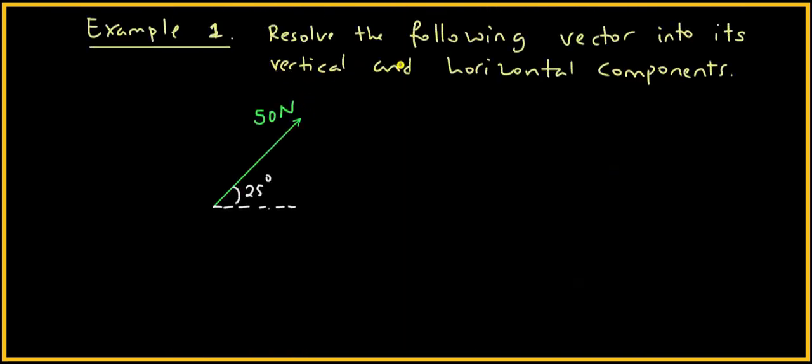Here's an example. In example 1, we are being asked to resolve the following vector into its vertical and horizontal components. So I have a 50 Newton force which is acting at an angle of 25 degrees to the horizontal. I must resolve it into vertical and horizontal components. I'm just going to illustrate on my vector here. The horizontal component will start from this particular point and point to the right.